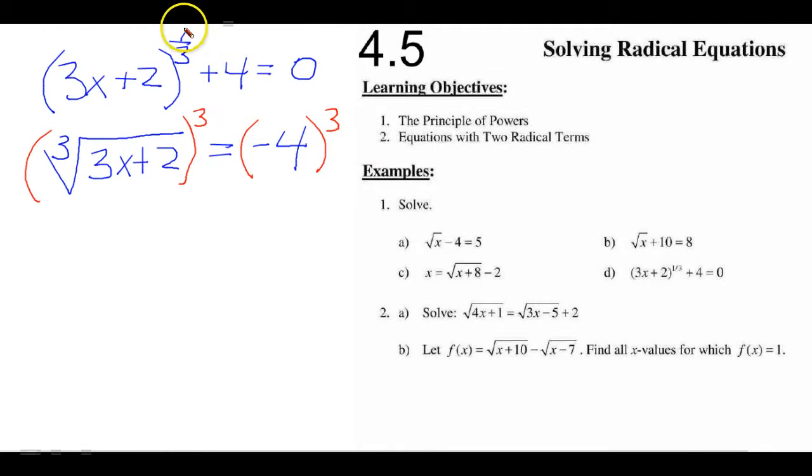And another way of doing that would have been putting a bracket up here and raising this to the 3rd power here. These would just cancel out and you'd end up with this. So this is the same. We just end up with the radicand.